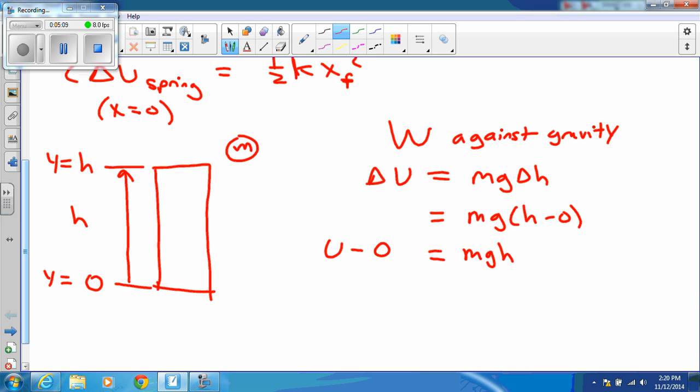So I can write this as the potential energy at the top minus 0. Or in other words, the potential energy at a height h is equal to mgh. This is the potential function for gravity.